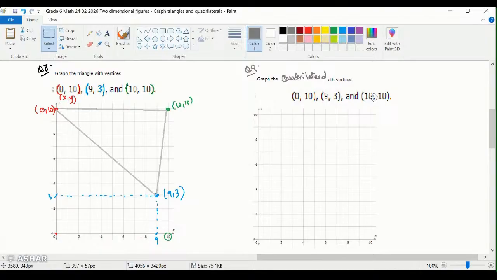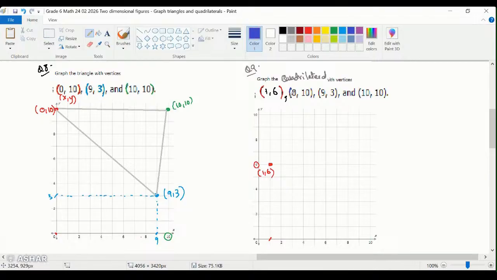And one more point is given to us. Let's mark that one more point. If the first point given to us was 1, comma 6, can we say 1, comma 6 means 1 on the horizontal, 6 on the vertical? This point is 1, comma 6.